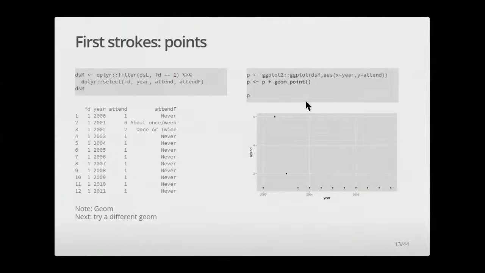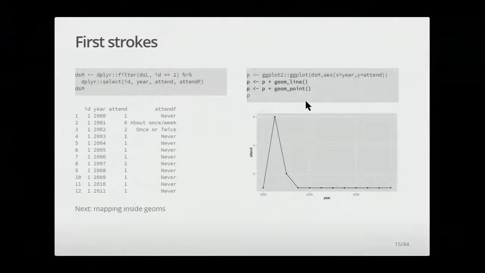I bet you know what this is going to do. If we change the geom, if we change the instrument, the mark that it leaves on the canvas is also going to change. We don't have to be limited by number of geoms. We can have both of them represented at the same time.